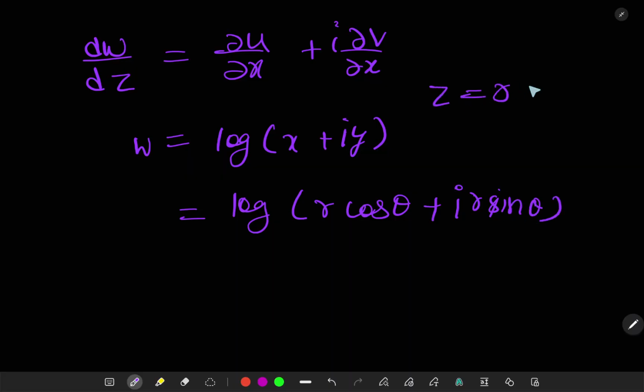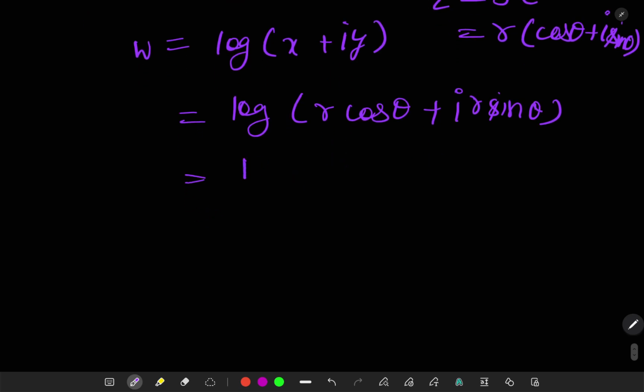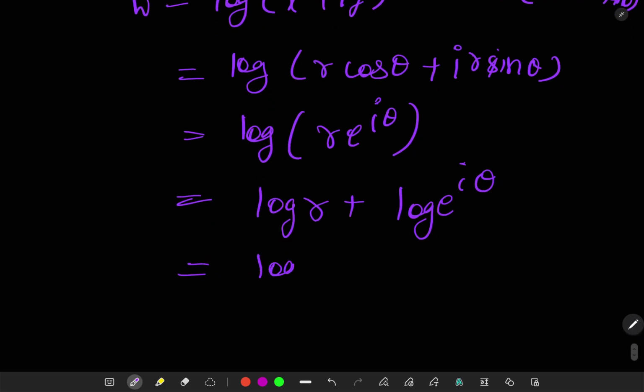As we know that z is also equal to r e raised to power iota theta, and also we can write here this. So we can write log of r into e raised to power iota theta, or we can write log r plus log e raised to power iota theta, or iota theta.